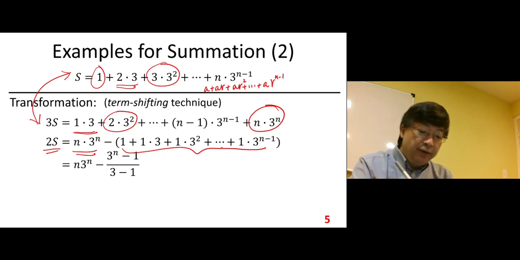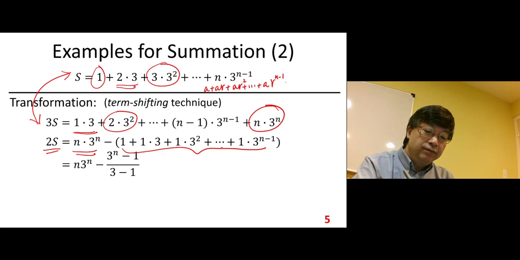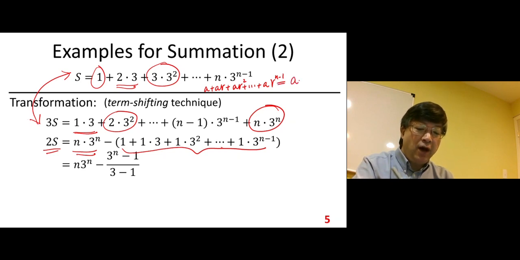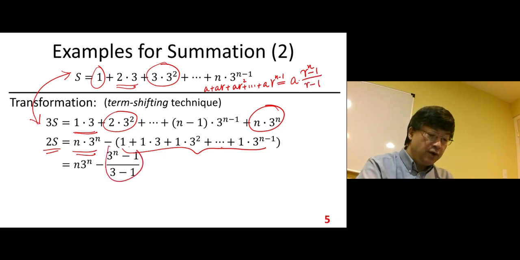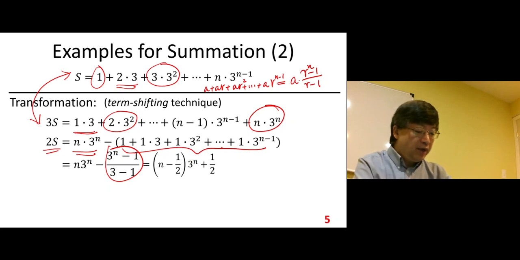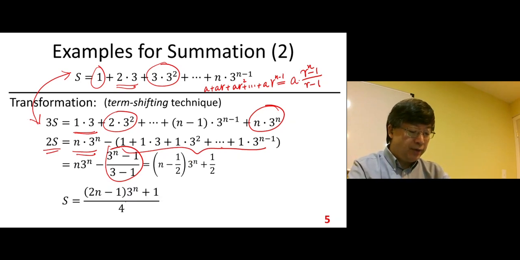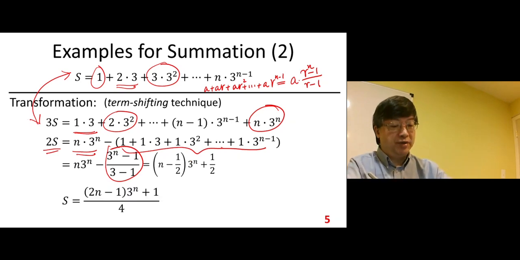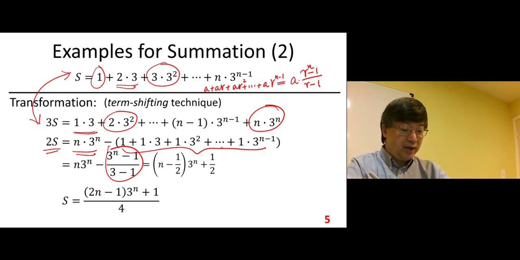If you see this summation, you can take a out, then r to the n minus 1 over r minus 1. Then let's simplify it. We get this expression. Divided by 2 on both sides, so we get this final expression.